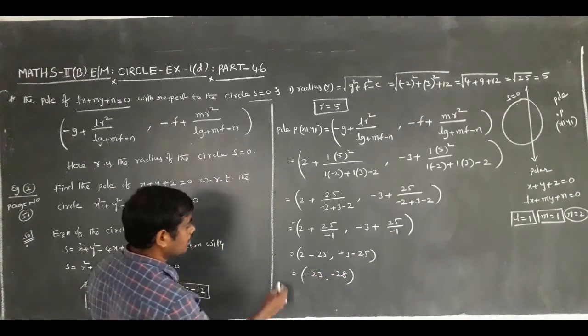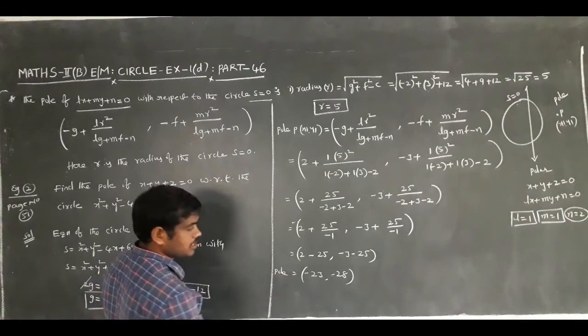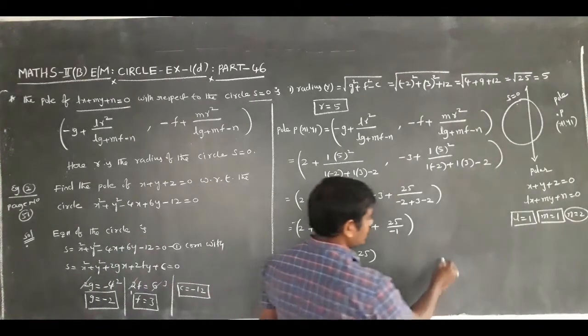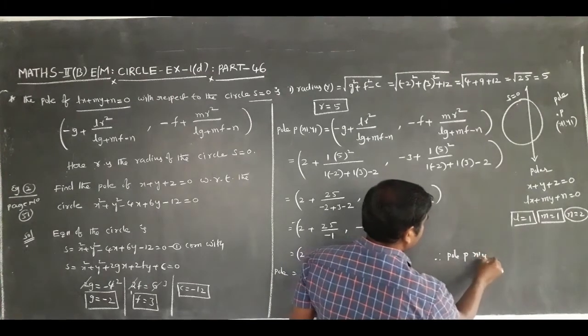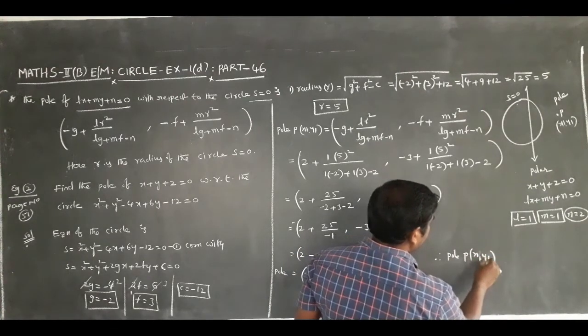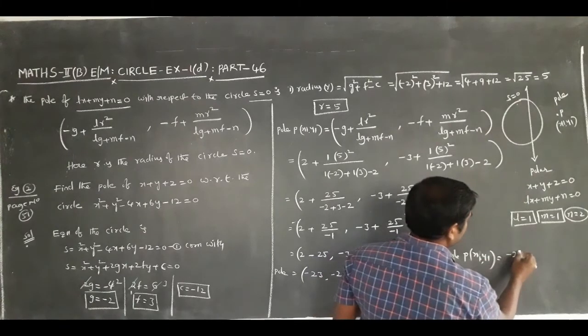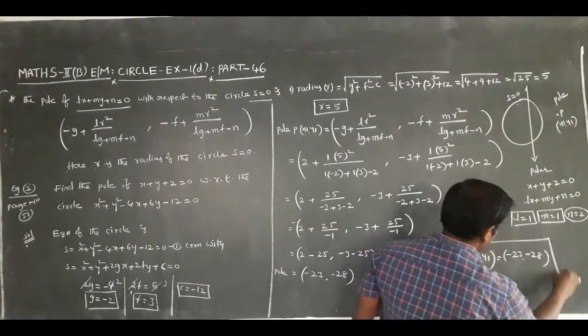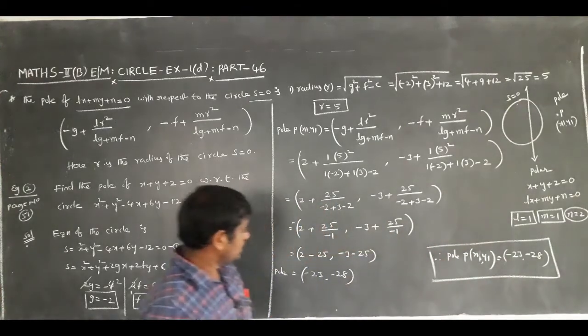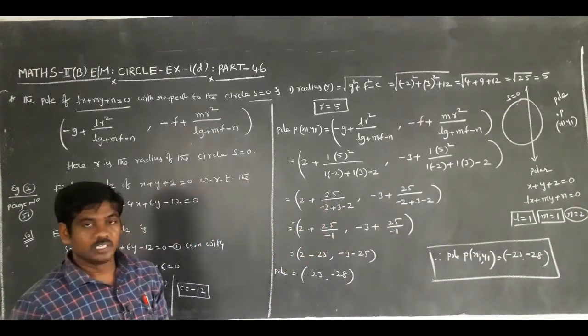This is the pole. Therefore, pole P(x1, y1) equals (minus 23, minus 28).